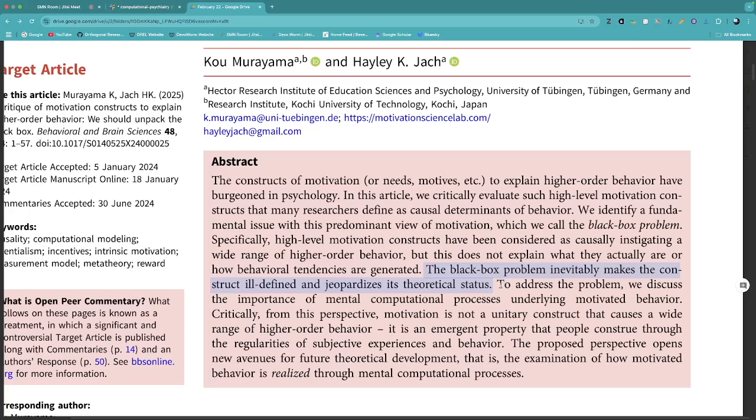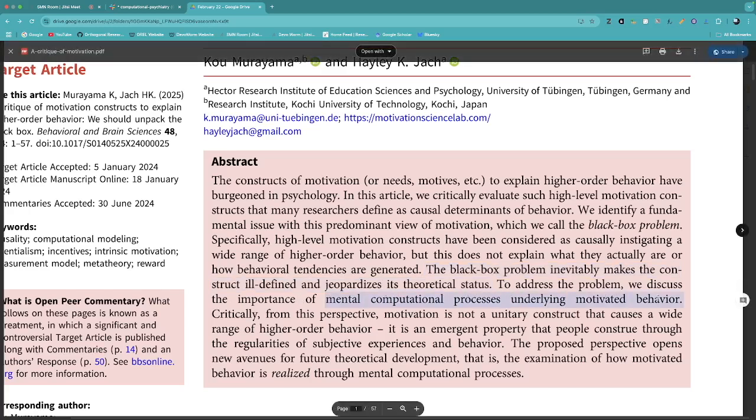To address the problem, we discuss the importance of mental computational processes underlying motivated behavior. So they really are interested in this case in assigning some sort of computational process to these black boxes and describing maybe a computational model, a cognitive computational model, or a neural computational model to some of these motivated behaviors.